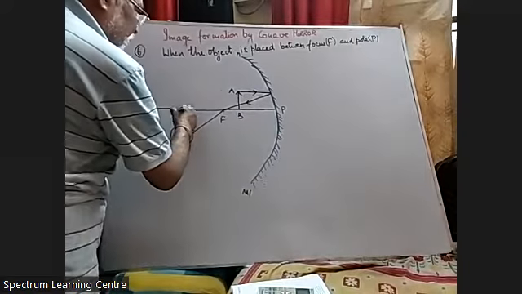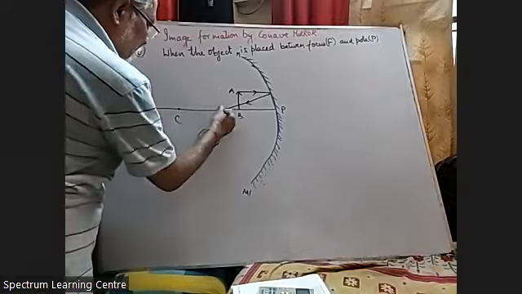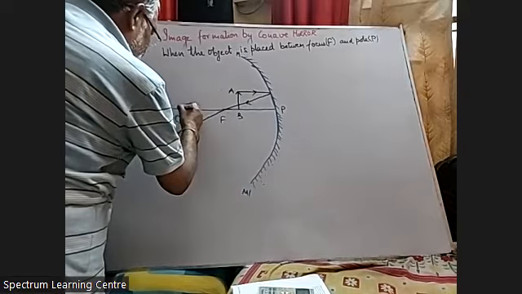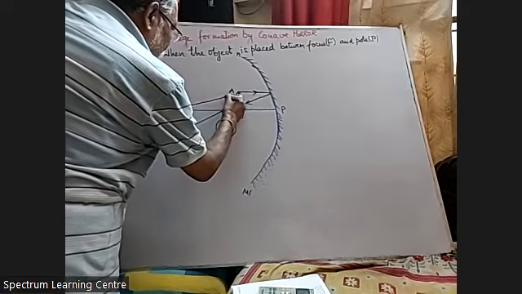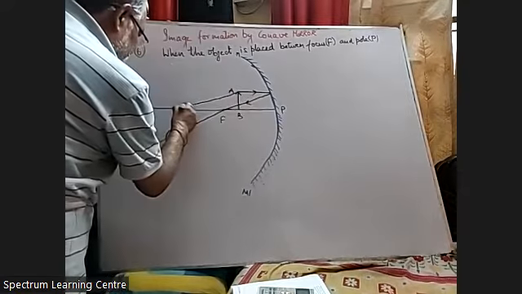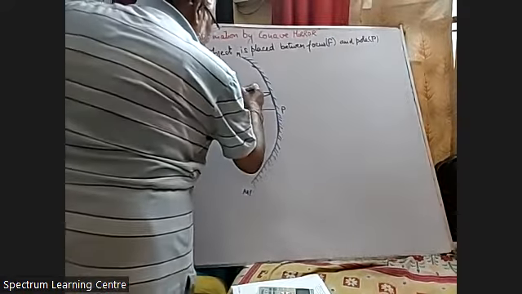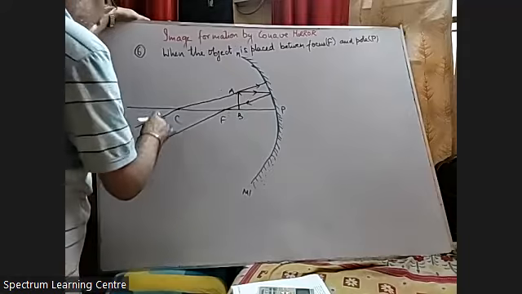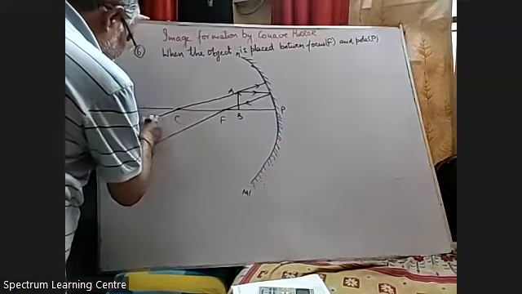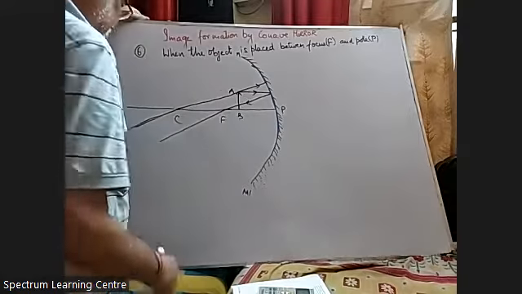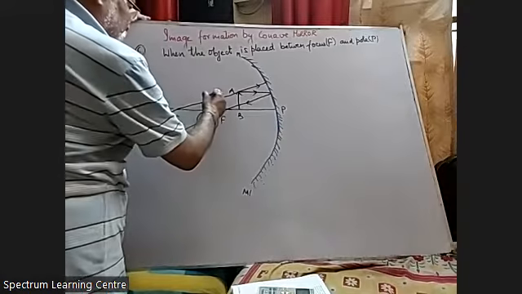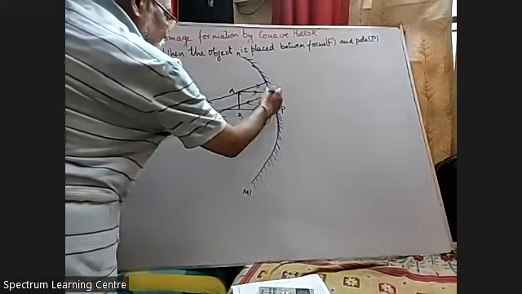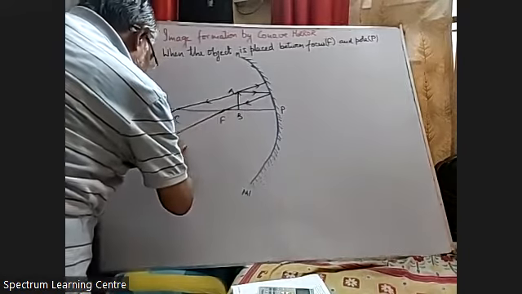Now, if I take another ray from center of curvature and the head of the object, it will reflect back along its path. Now, can you see these lines are diverging in nature?